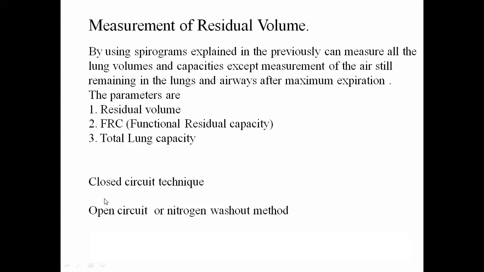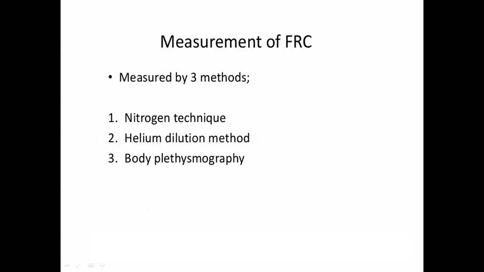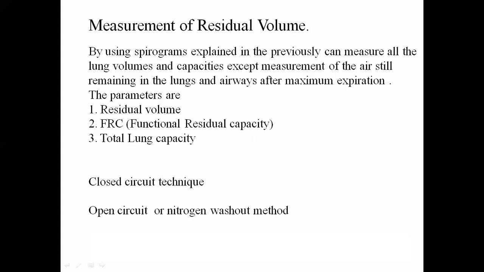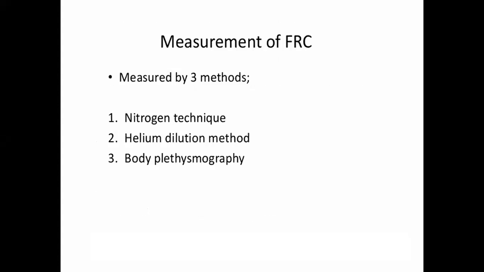Here we have the FRC, functional residual capacity. This functional residual capacity is measured by using the closed circuit technique, the open circuit or nitrogen washout method, and body plethysmography, which we will see in the next slide.